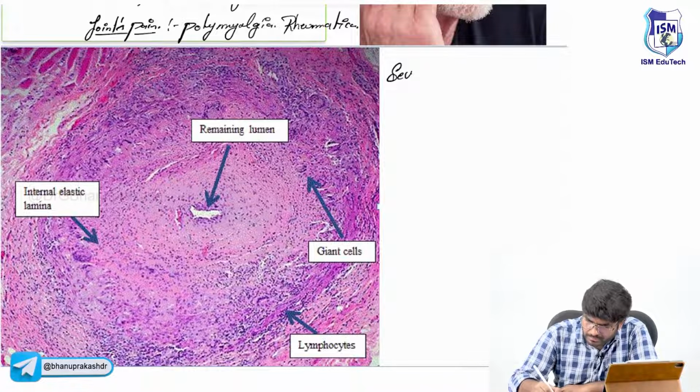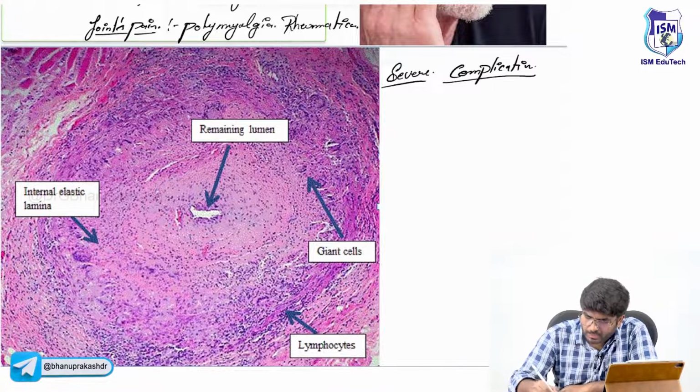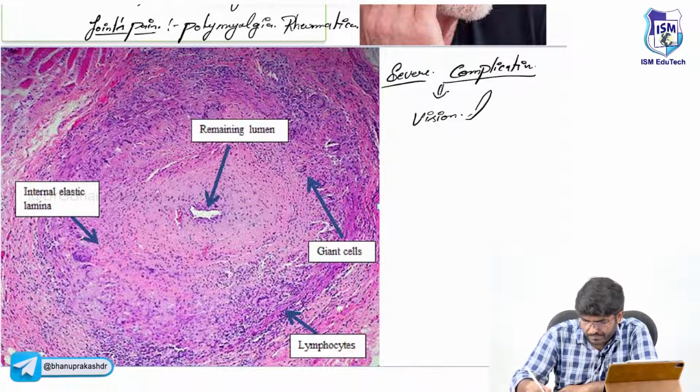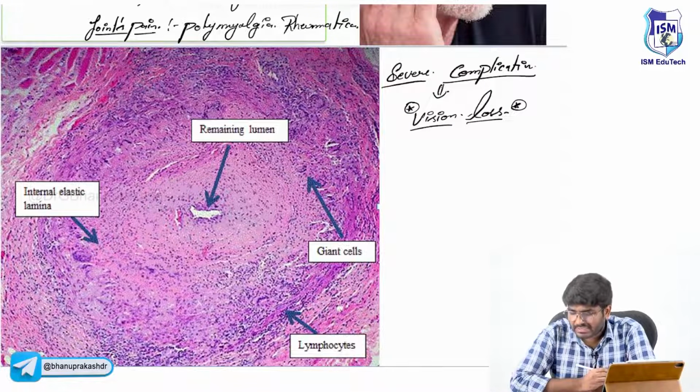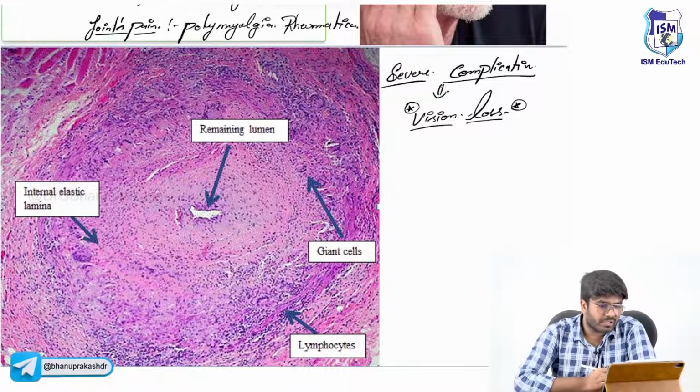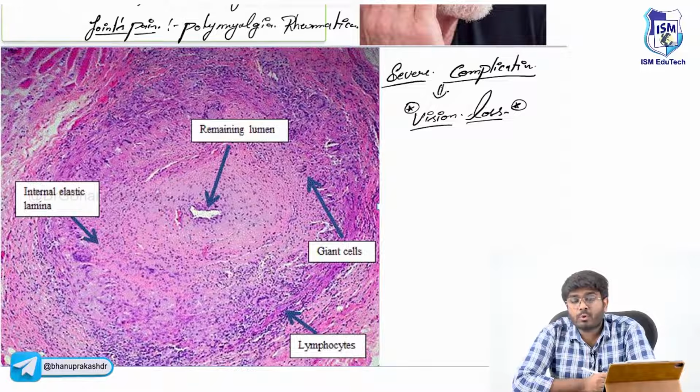Severe complication. The complication is going to be vision loss. Okay, so vision loss, the inflammation can spread to the optic nerve, ophthalmic artery, so that can lead to vision loss. Okay, sudden vision loss can occur. So that's why it's the most severe complication.